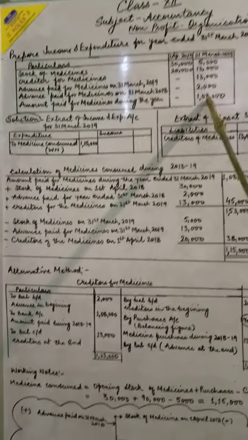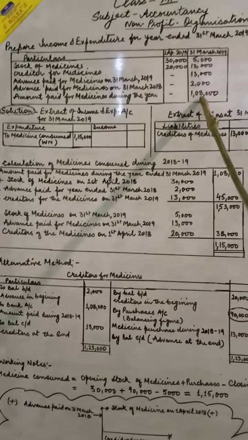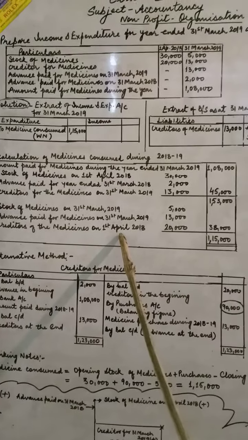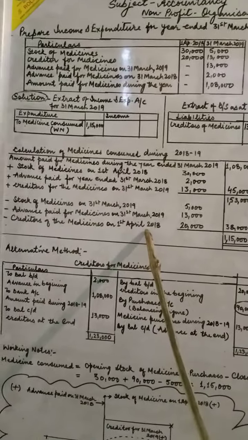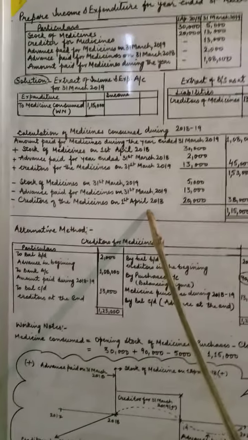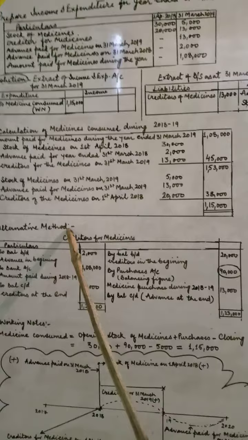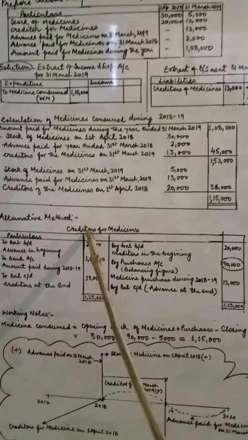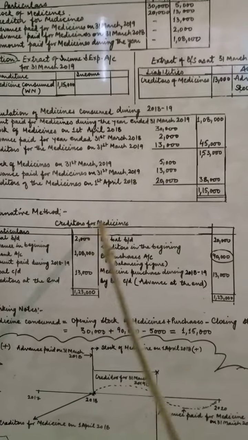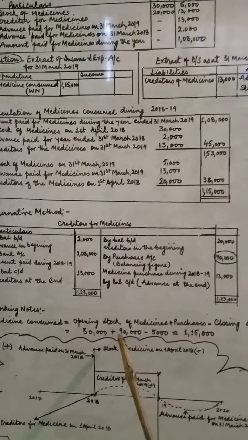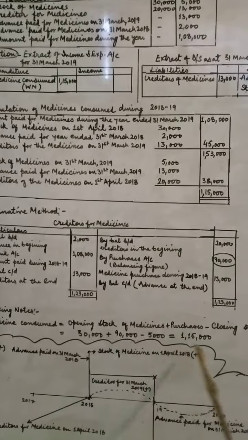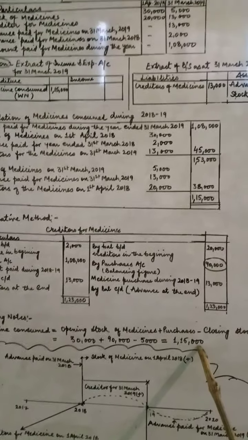Now, this question can be done with two methods, either with the help of the working note, or by the alternative method, that you can make the account of creditors, the creditor for medicine, and after that with the help of one formula you can calculate the medicine consumed.